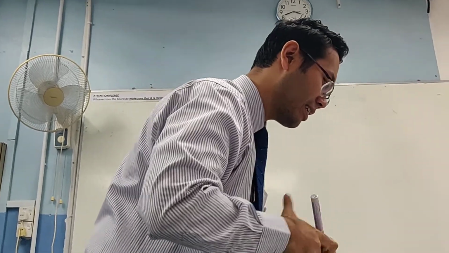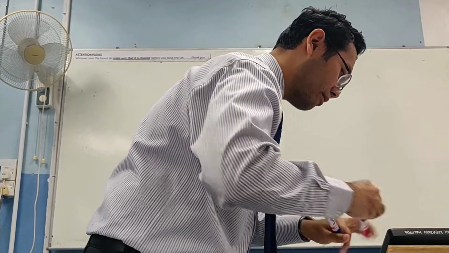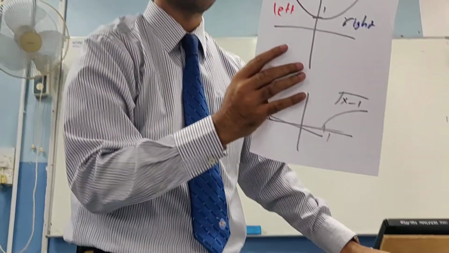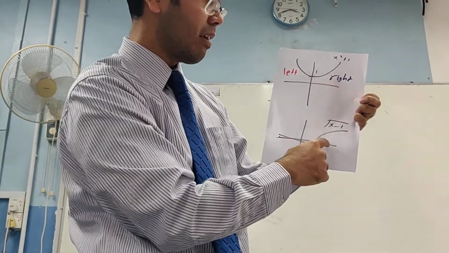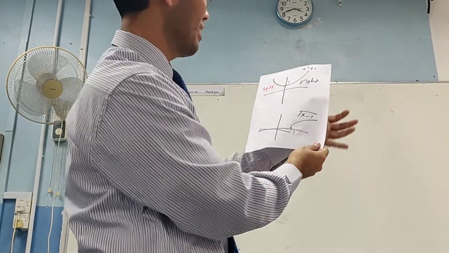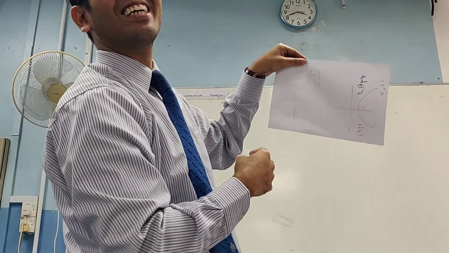Let's be more precise. I'm writing down the right and left. One more time, pick your answers. Is it right or left? Right. Let's have a look. Oh, yes, you're right. It's on the right.